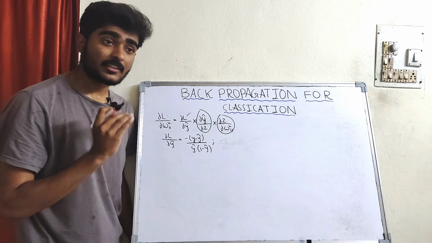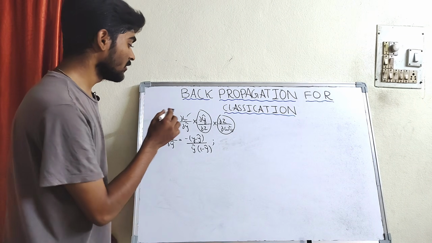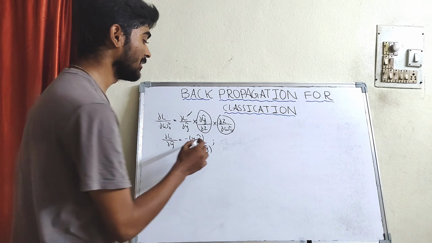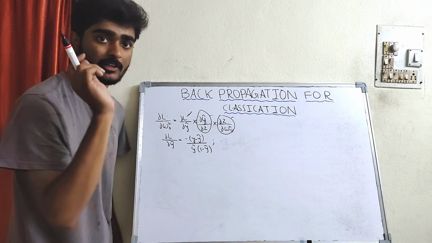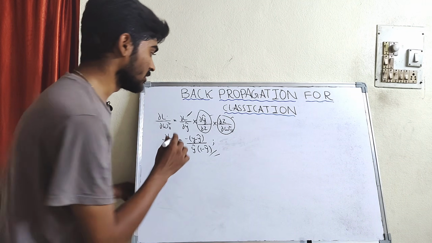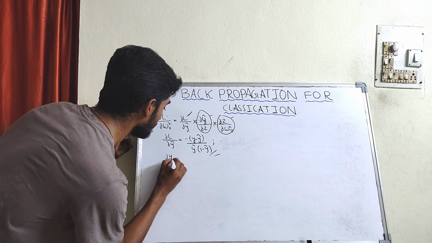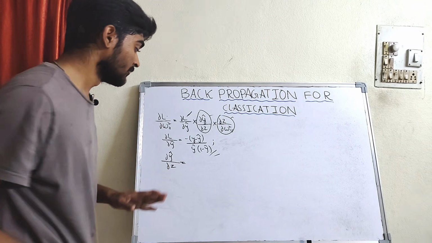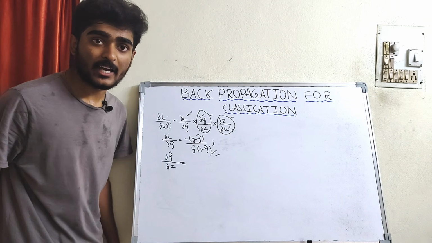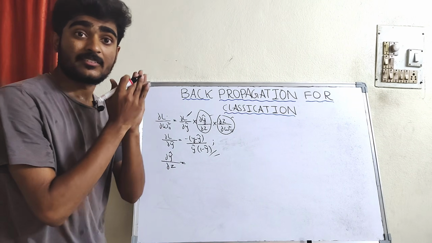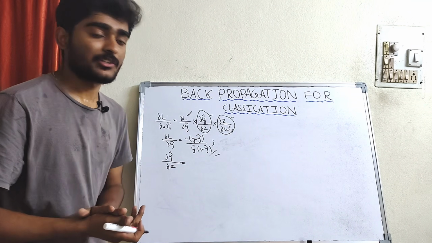In the process of calculating the derivatives, we have successfully determined the derivative value of dou L by dou y hat. Now let us determine the values of the other two derivative values. This is my first derivative value. Now let us determine dou y hat by dou z. What is the value of y hat? The y hat value is nothing but z when it's sent to the sigmoid activation function.